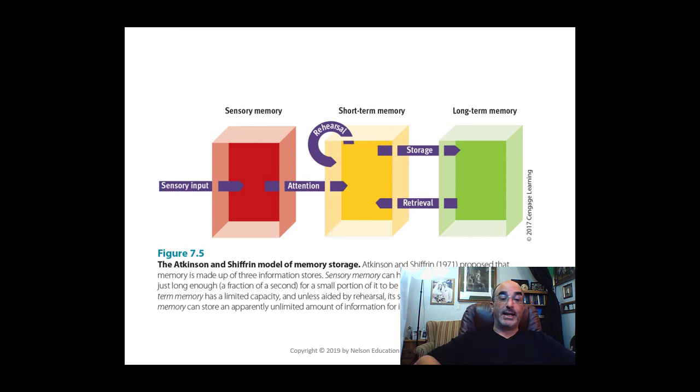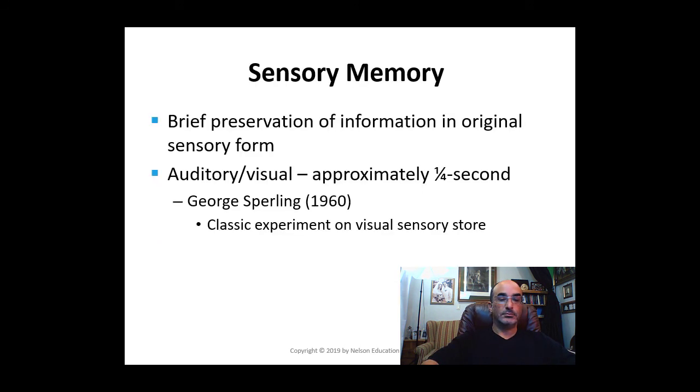Long-term memory can store an apparently unlimited amount of information for intermediate periods. So you can see how we shift from sensory memory, we pay attention to it, we rehearse it, it becomes short-term memory, and then we store and retrieve from our long-term and short-term memories.